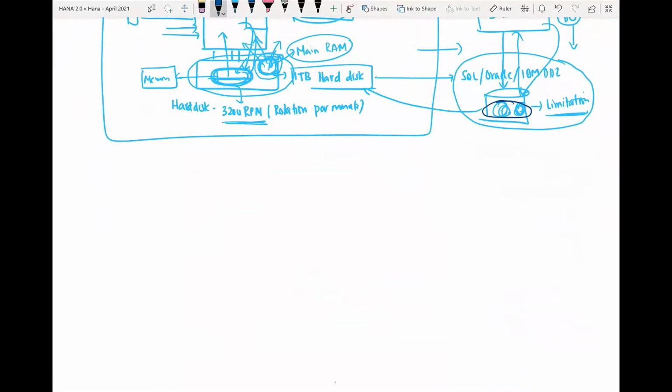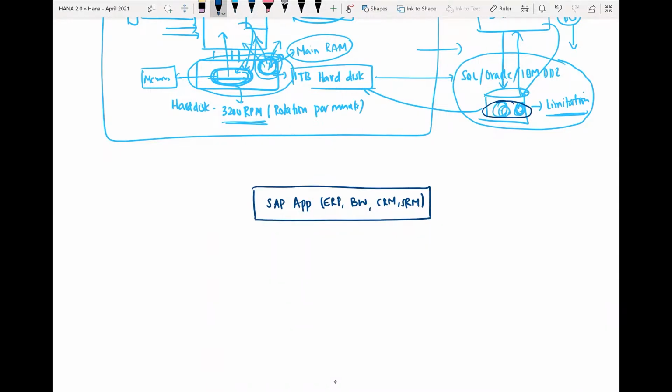They said, to support any SAP application, whether it is ERP, BW, CRM, SRM, and so on, I no longer needed a traditional database like SQL Server or Oracle. Instead, we have created our own product called SAP HANA, which is storing everything in memory.